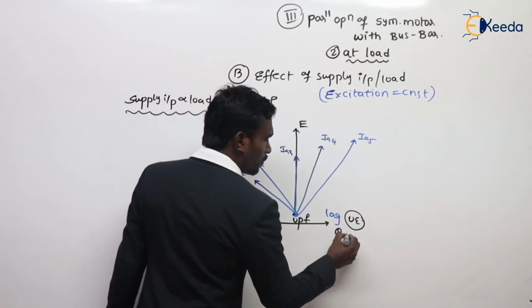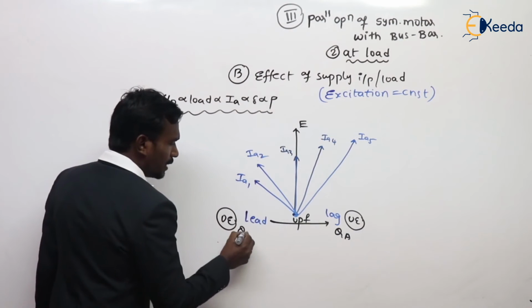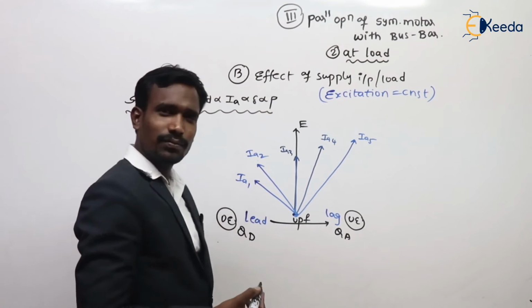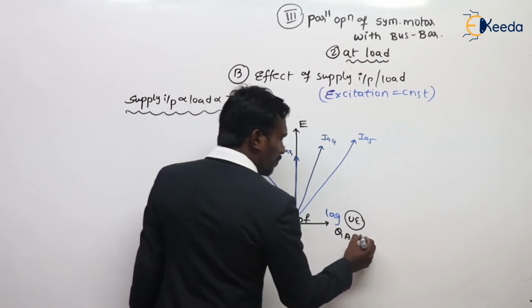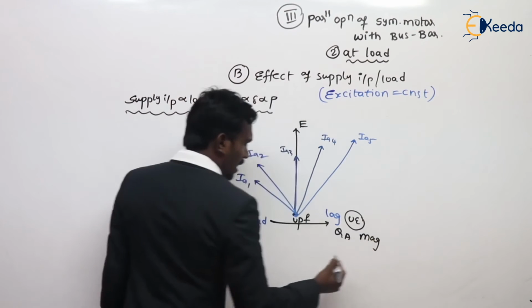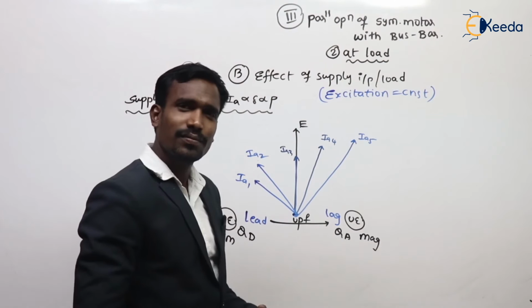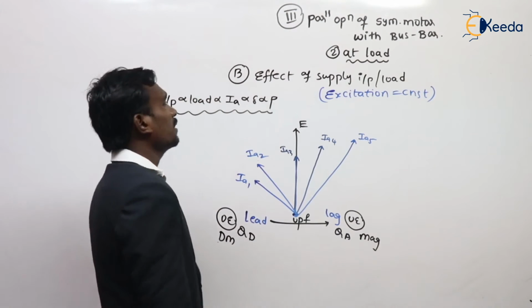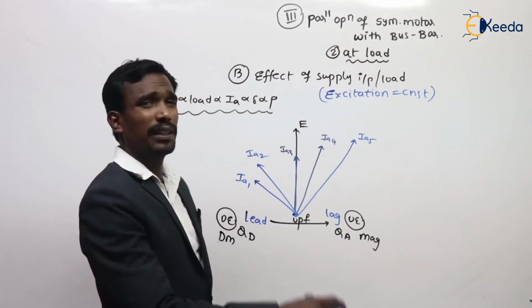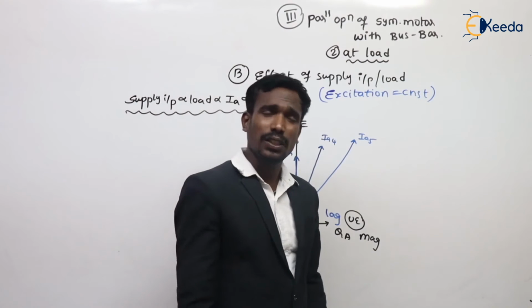Here Q is absorbed and here Q is delivered. Here is magnetization and here demagnetization. When the supply input or load increases, what happens here?